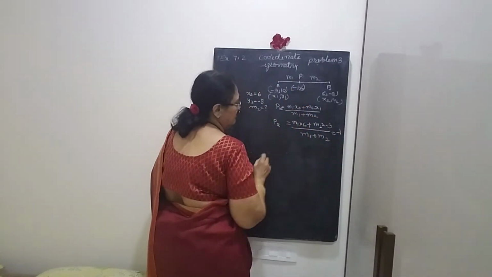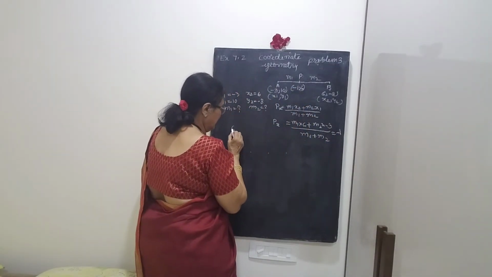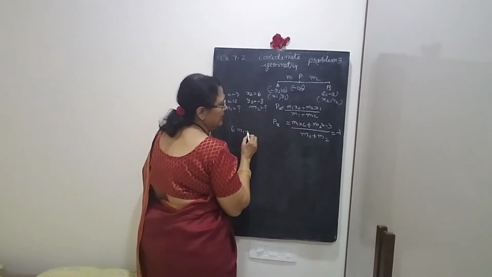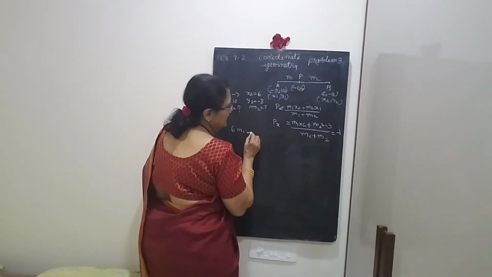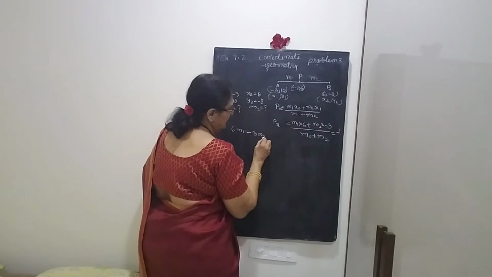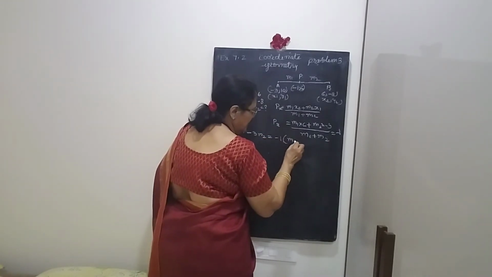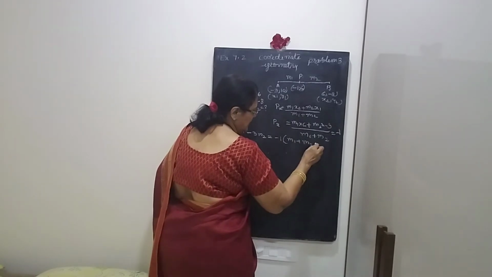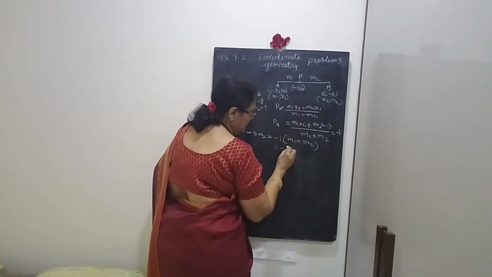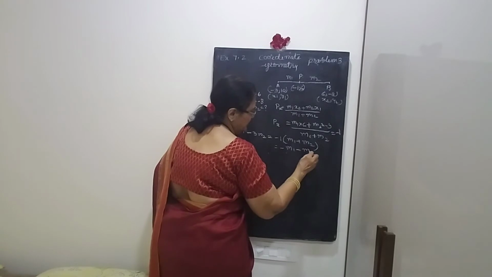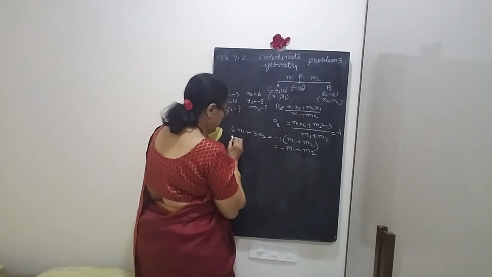It is given here. So you do cross multiplication. 6M1 plus minus 3M2 is equal to minus 1 into (M1 plus M2), that is minus M1 minus M2.